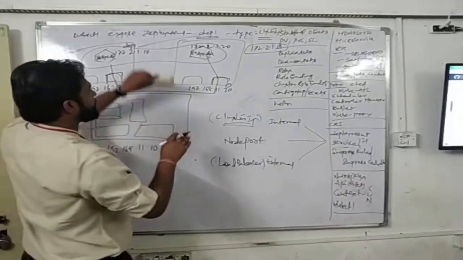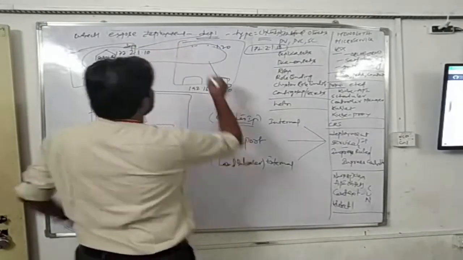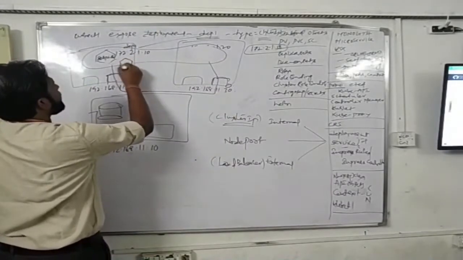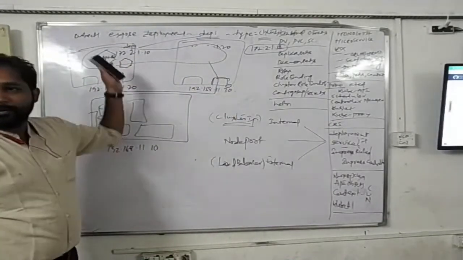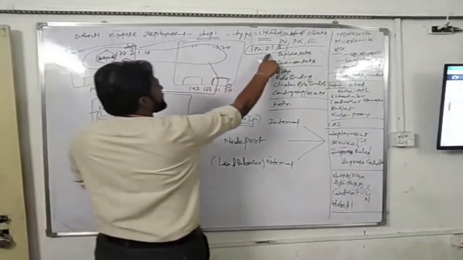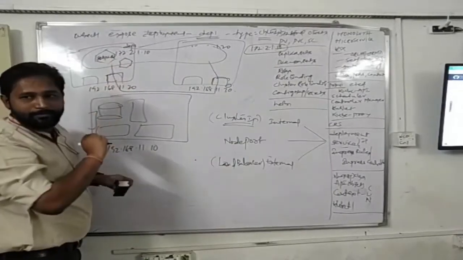Now let's say after some time, instead of here, this collapsed and your pod is started on node 1 itself, worker 1. Even then, your service will ensure that these two pods are reachable.